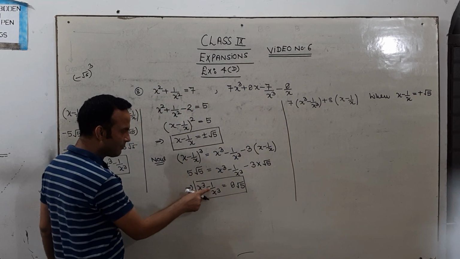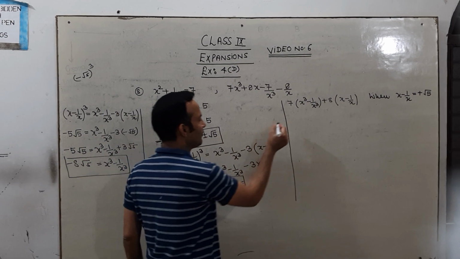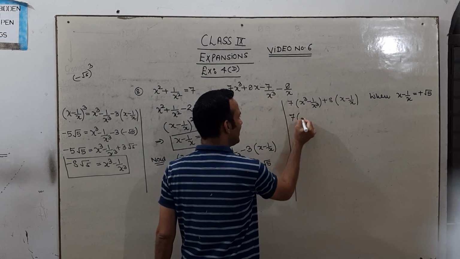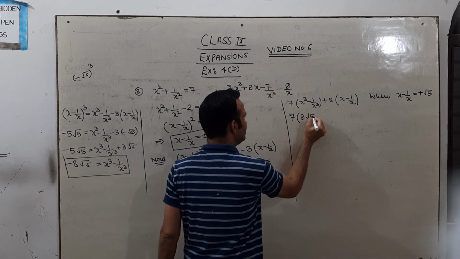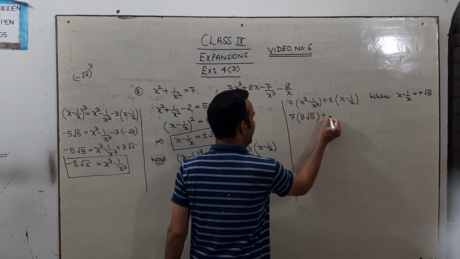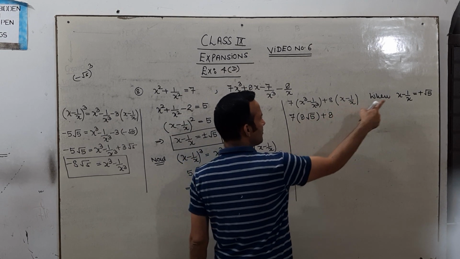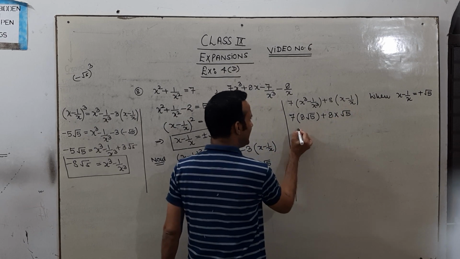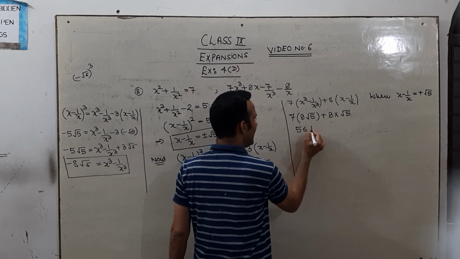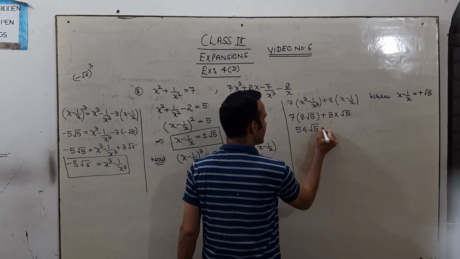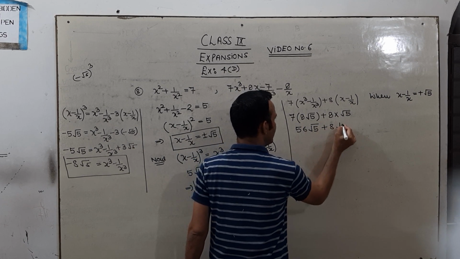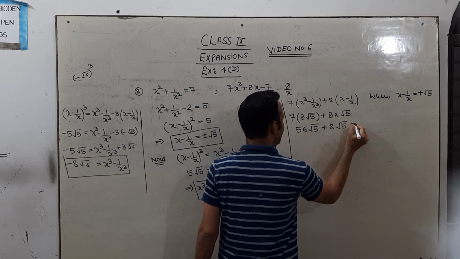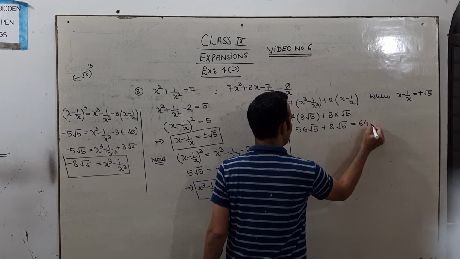What is the value of x cube minus 1 upon x cube? 8 times of root 5. So 7 is multiplied with 8 times of root 5, plus 8 times of the value of x minus 1 upon x, which is positive root 5. 7 8 is 56 times of root 5. This is 8 times of root 5. 56 plus 8 is 64 times of root 5.